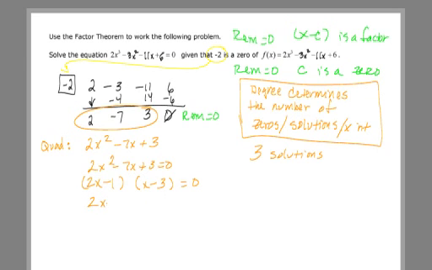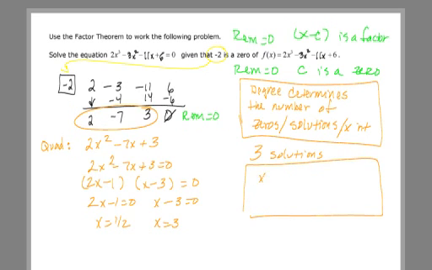If it factors, remember your next step is set each factor to 0 and solve it. So we get x equals 1/2 and x equals 3. So what are the 3 solutions to this equation? Well, the one they gave us, which was negative 2, they gave us that one at the beginning. Then the other 2 that I found, x equals 1/2 and x equals 3. 3 solutions: negative 2, 1/2, and 3.